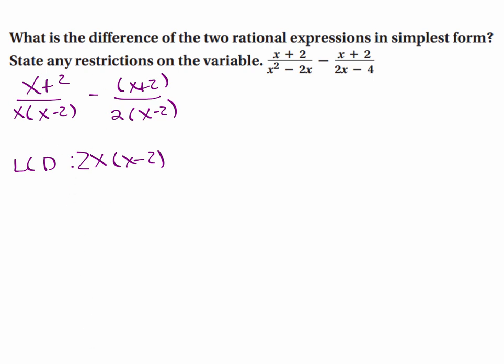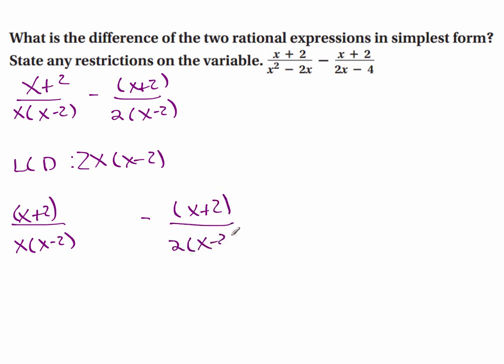So here I've got my function, x plus 2, and use your parentheses, divided by x times x minus 2. And I'll put a big space here. X plus 2 over 2 x minus 2.